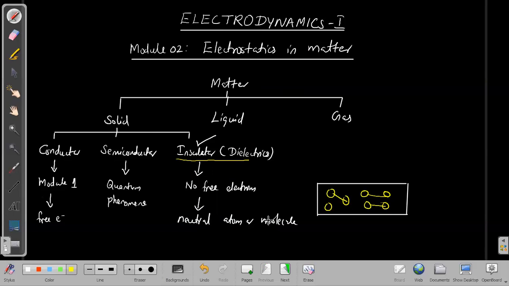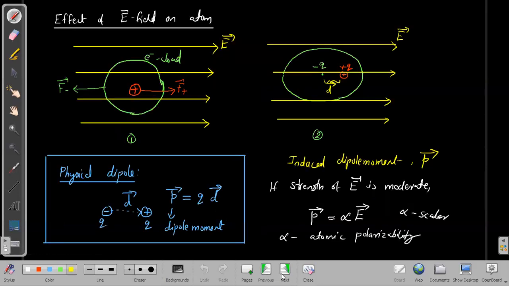So in order to understand the effect of an electric field on an insulator, we should know the effect of the electric field on an atom as well as on a molecule.